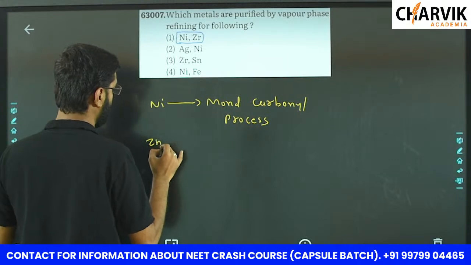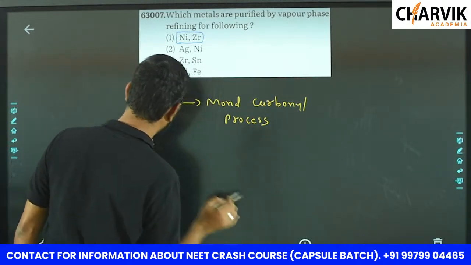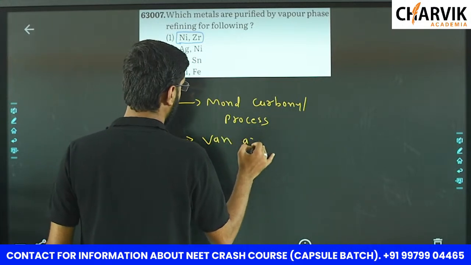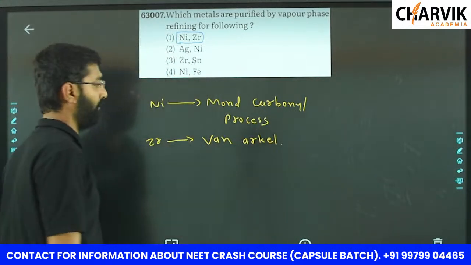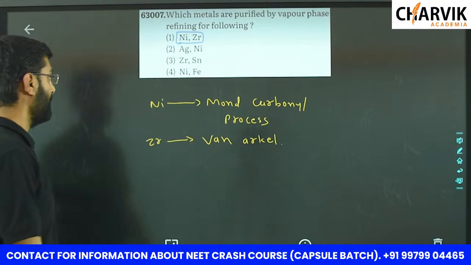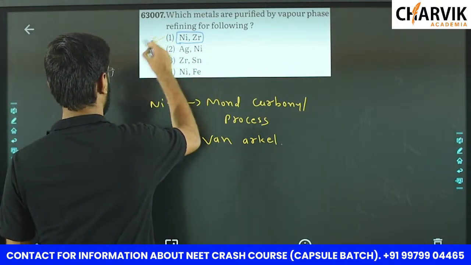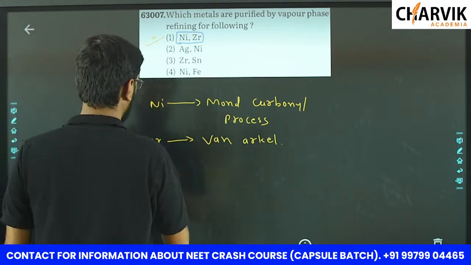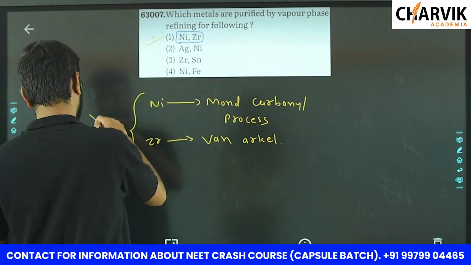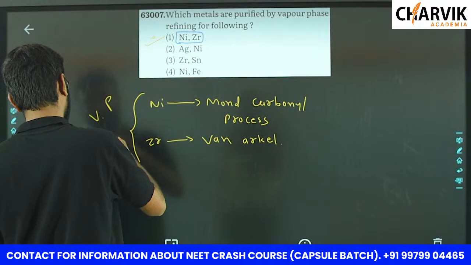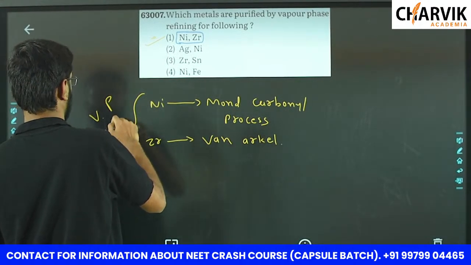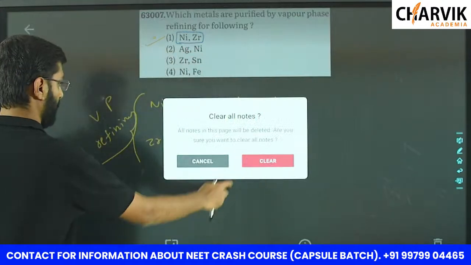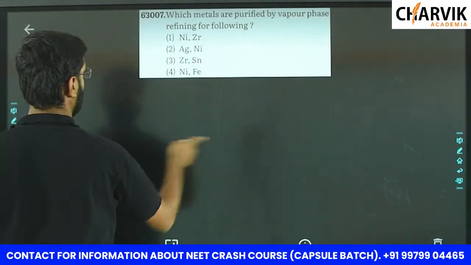For purification of zirconium, the van Arkel process, right? So simple question. So your answer is the first. These two methods are from vapor phase refining. Then okay, move to next question.